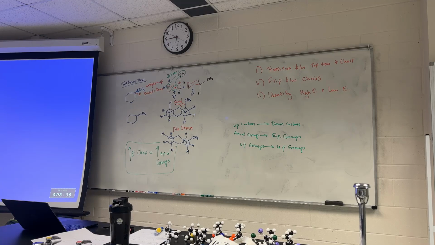Equatorial. So here's what I want you to mark. Axial equals straight up and down. Equatorial. What's a good word for it? Slanted, angled. Okay.